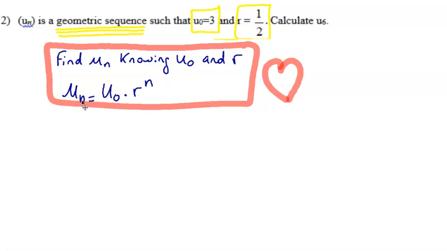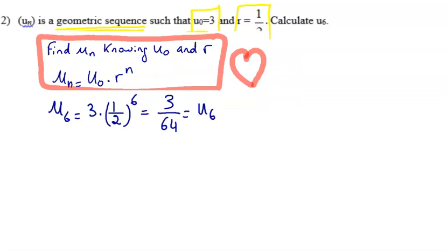Replacing u0 and r by their values, with n equal to 6, u6 is equal to 3 times half to the exponent 6. So u6 is 3 over 64.